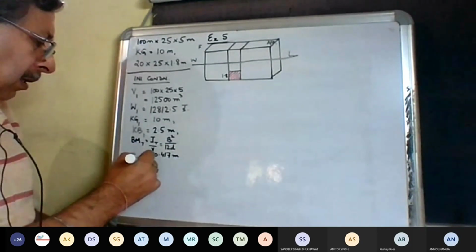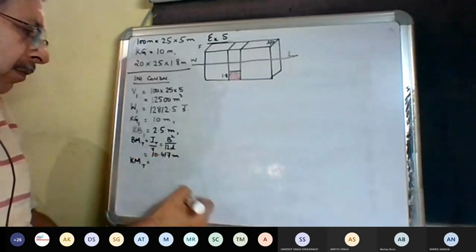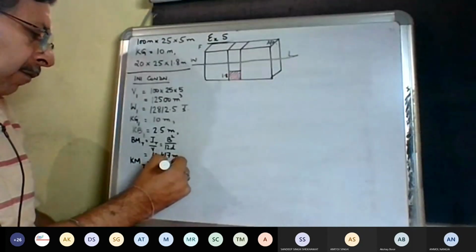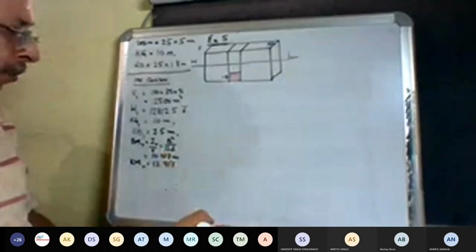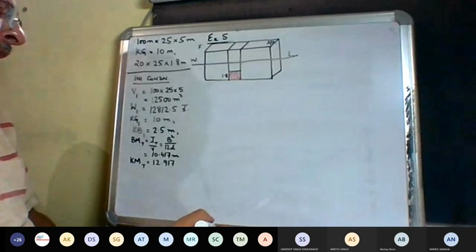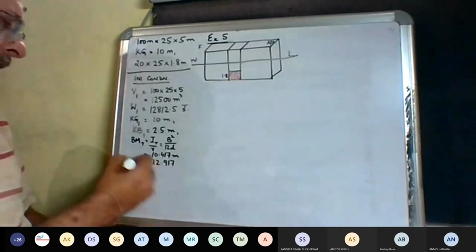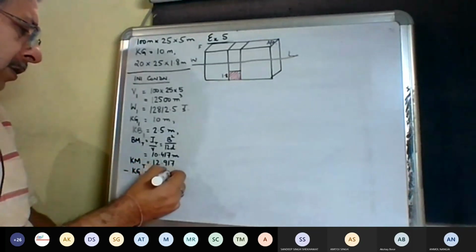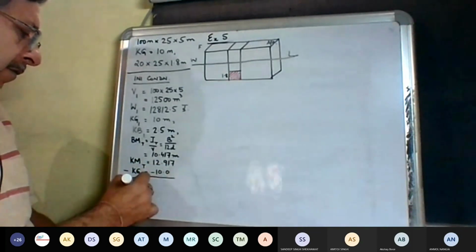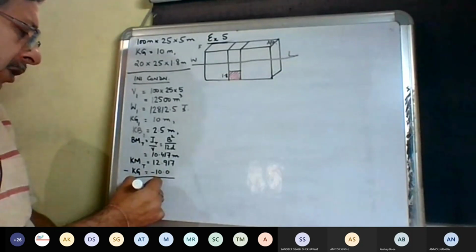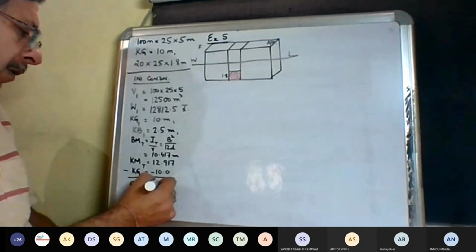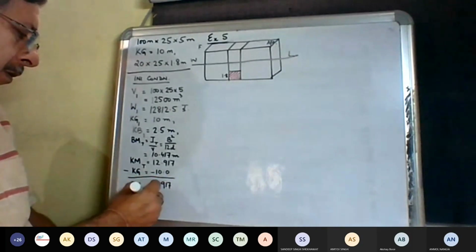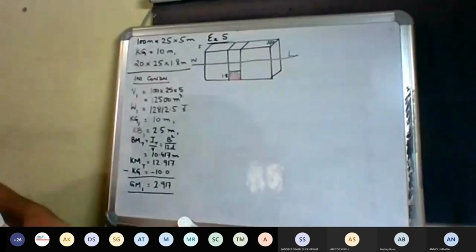So can you now tell me KMT? 12.917 minus KG, minus 10 meters, will give me GMT1, that is 2.917.